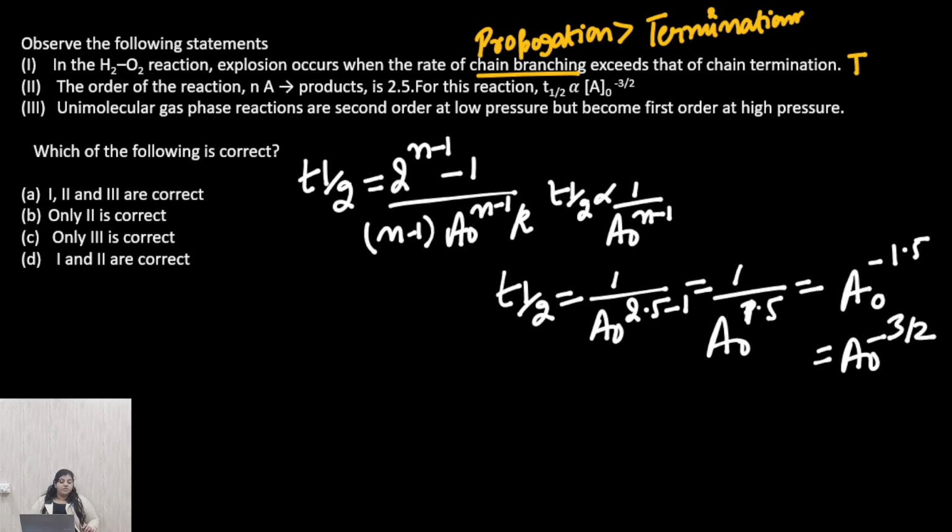So t half is proportional to A naught raised to the power of minus 3 by 2. So this statement is also correct.